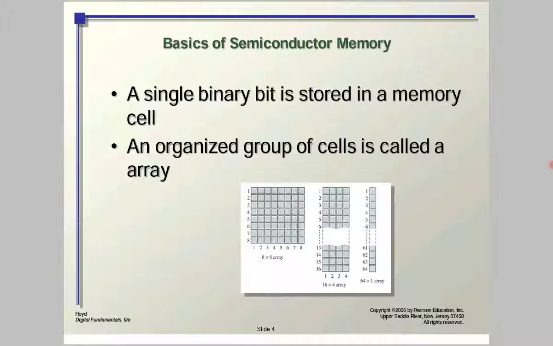A group of cells, and every cell is used to store either a 0 or 1. A group of cells is called an array, and these cells are called memory cells.